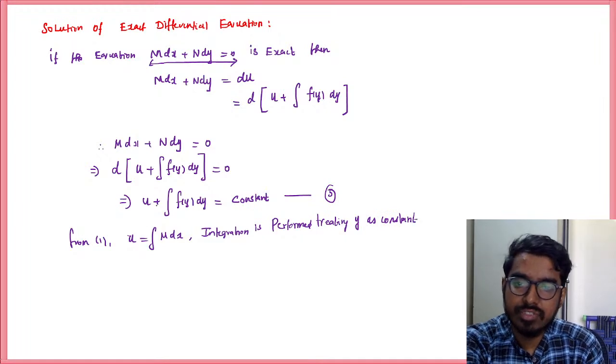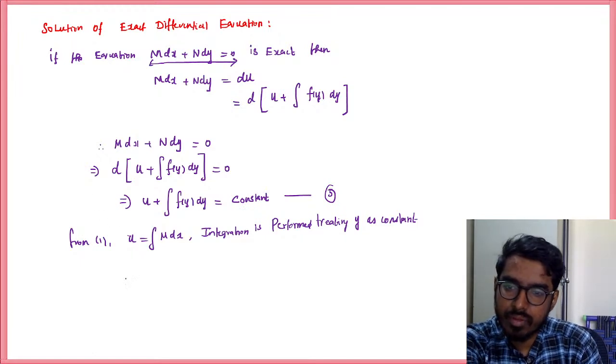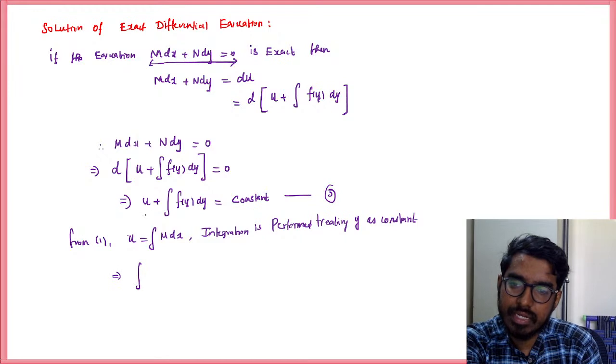I can replace u with integration of M dx treating y as constant, so this 5 will become integration of M dx, where this integration is performed treating y as constant. This is what you need, right?